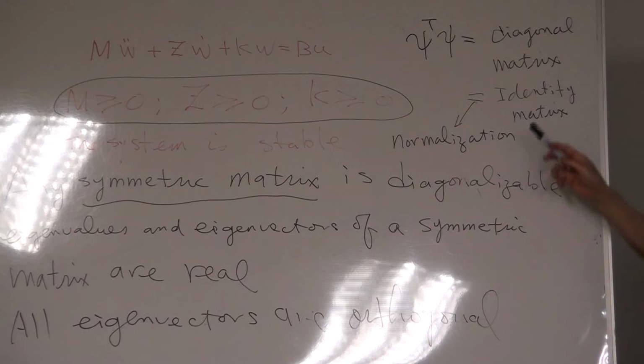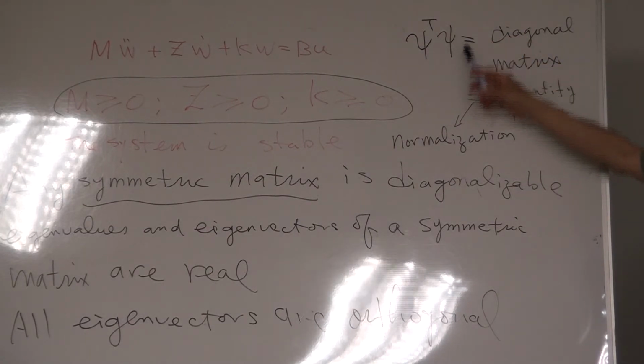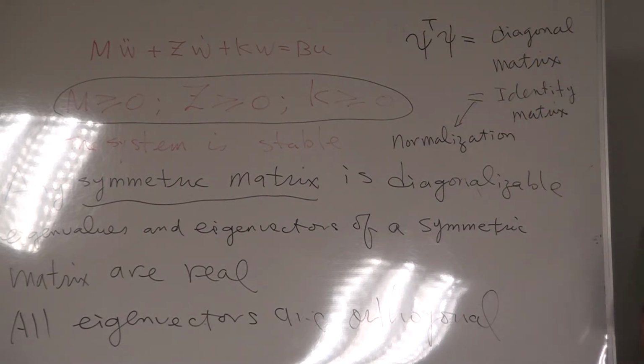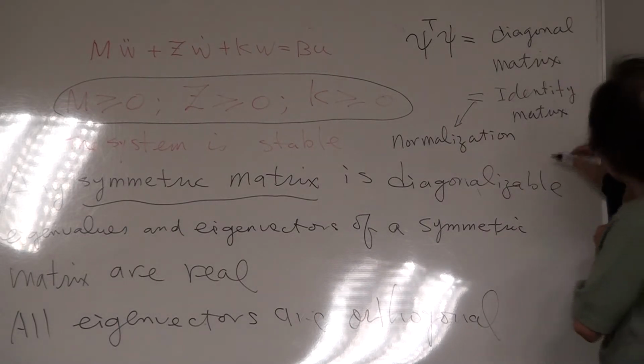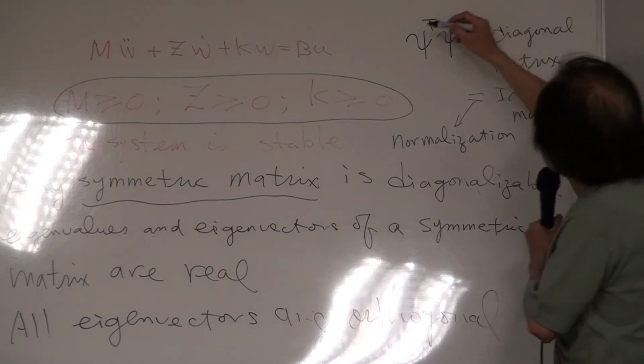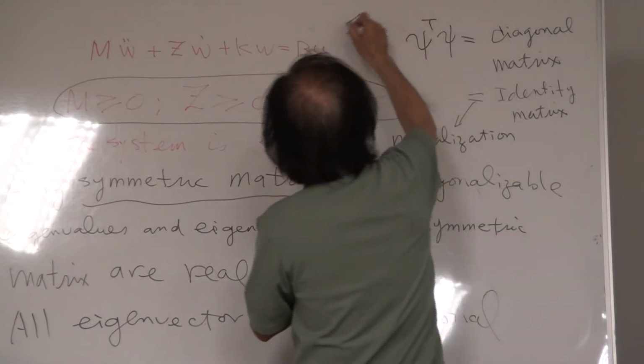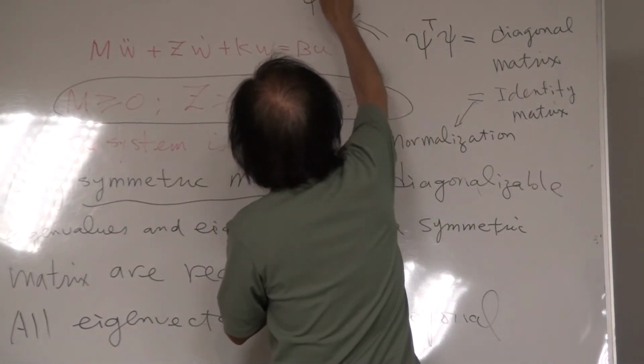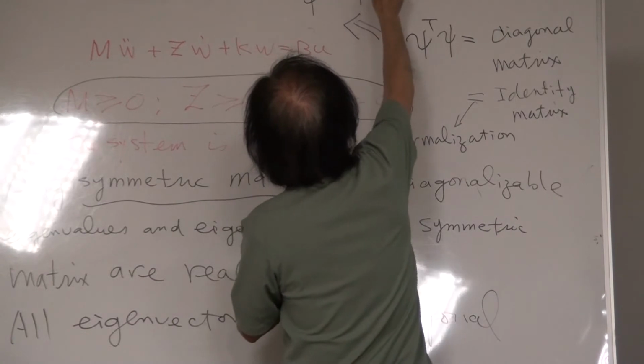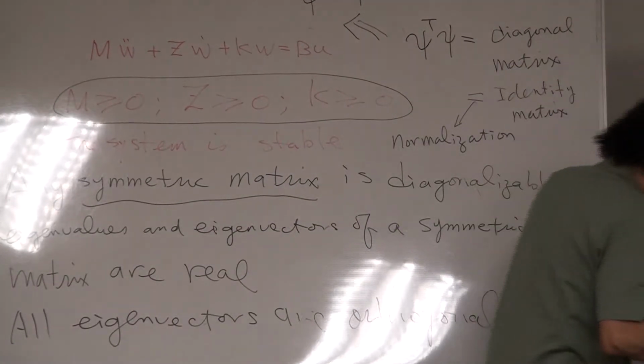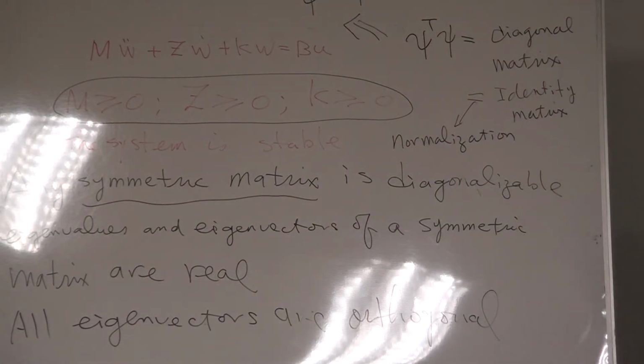Normalization means the length of each column of this psi matrix is 1. If that's the case, then psi transpose equals psi inverse. This is why I can have psi inverse become psi transpose.